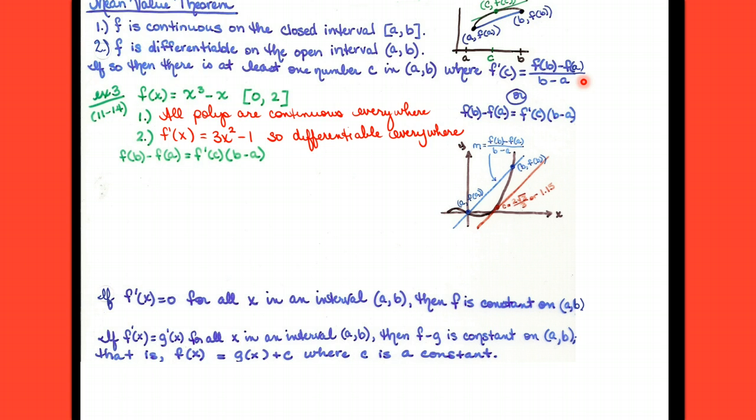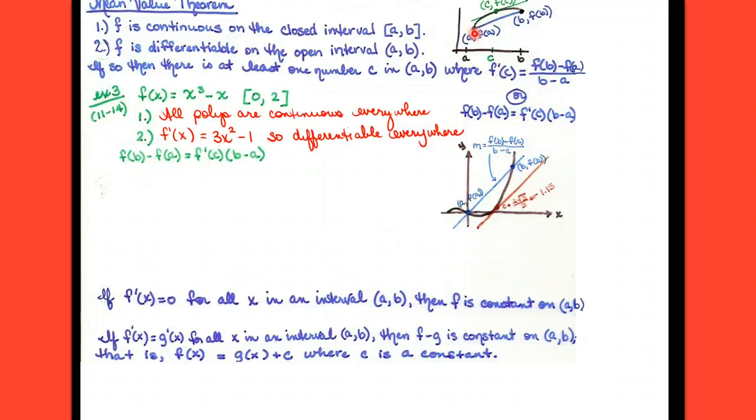So basically what they're saying is there's going to be some point where the slope of your tangent line, the derivative, is equal to the slope of the line that connects your 2 points. If this is f of a and this is b, f of b, and I connect those with a straight line, somewhere on that curve there's going to be a point where if I drew a tangent line at that point, it would be parallel to that line. They would have the same slope. That's what the mean value theorem is helping me find.